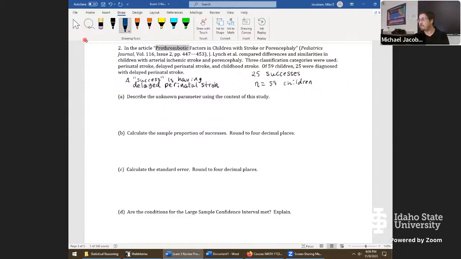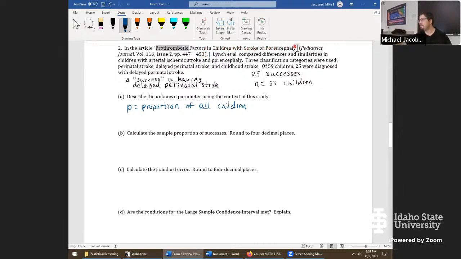So now we can describe the parameter p. We can say that p is going to be the proportion. It's describing a population, so we can say proportion of all children. Now let's take another look at this.